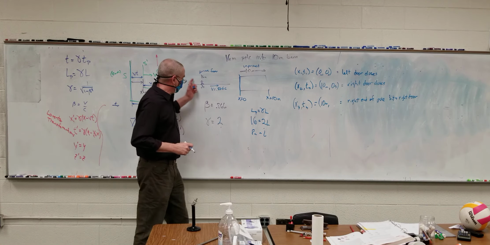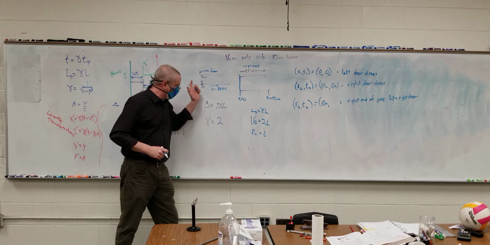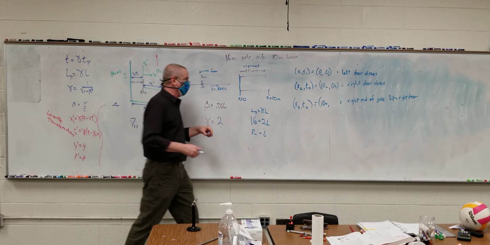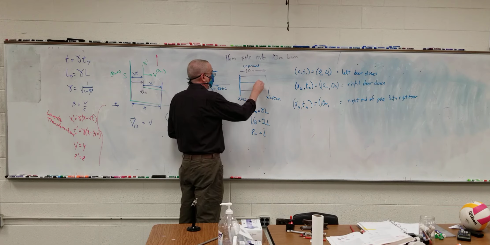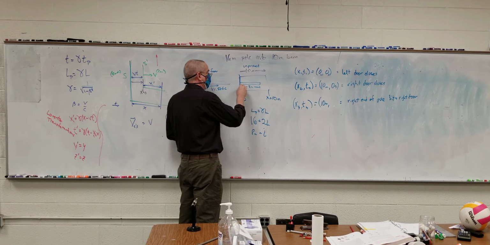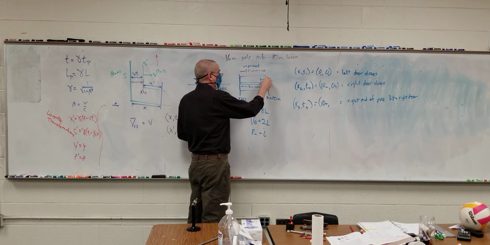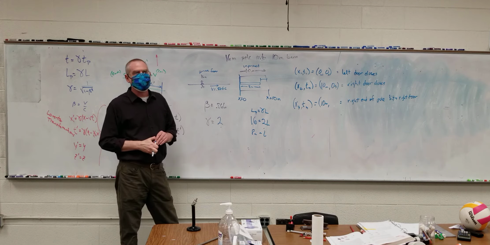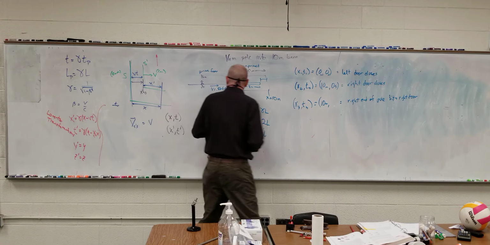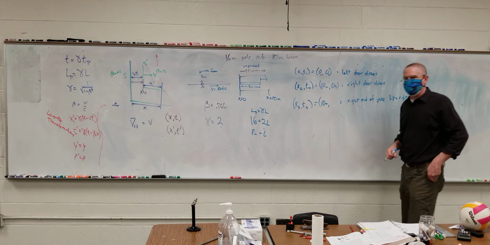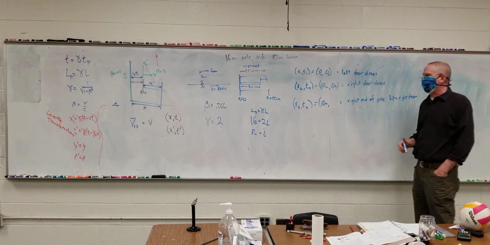So this guy's cruising along at 86% the speed of light, and then there's going to be that moment when the pole is completely inside, it is 8 meters long from the barn's point of view. How much distance is left to go? 2 meters. So if you're traveling at 0.866 times the speed of light and you have 2 meters to travel, how long is it going to take?